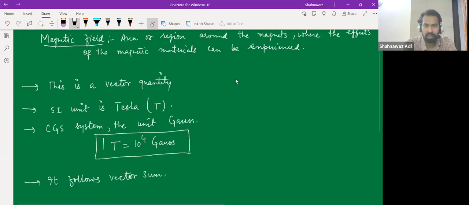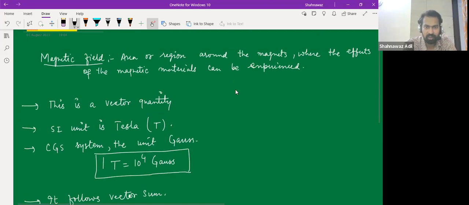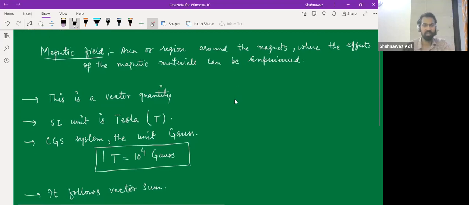You guys, please note it down, and then we'll talk about the magnetic field strength, magnetic field intensity, or magnetic field density. All these three terms are there.